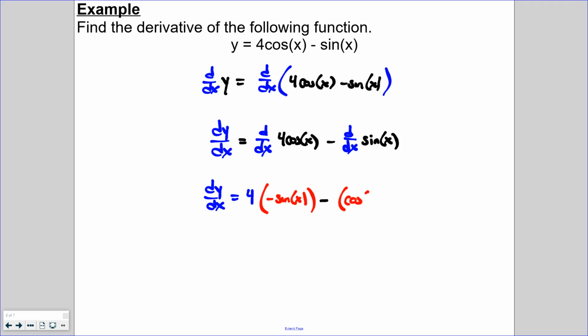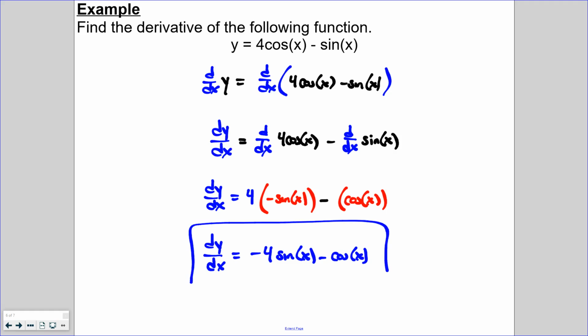And then all we have to do is simplify this down, giving us an answer of negative 4 sine of x minus cosine of x. And there we have it, our derivative.